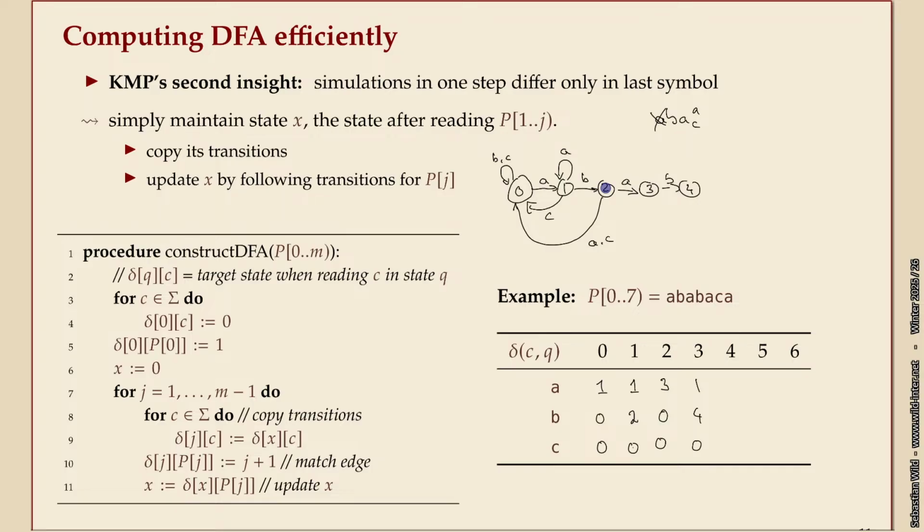I added the arcs for state 2 by reading a single B that brought me to state 0. So I remember this is where I was. And then for state 2, I had to read where this is a B, right? Confusing here.